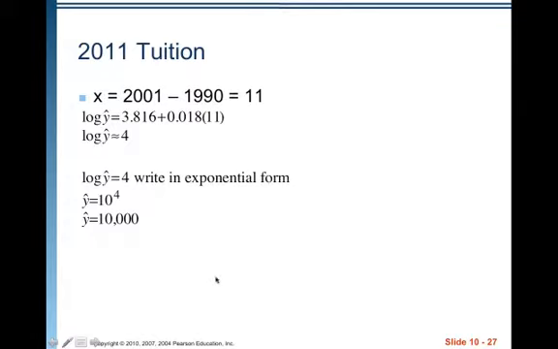That means 10 to the 4th equals y hat, or y hat equals 10 to the 4th. Remember this is logarithmic form, and to write it in exponential form, you use your base, which is an understood 10, and raise it to the 4, and that's going to equal y hat. So our predicted tuition value for 2001 is $10,000.